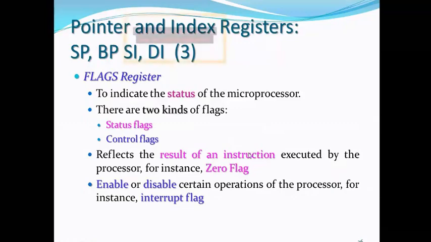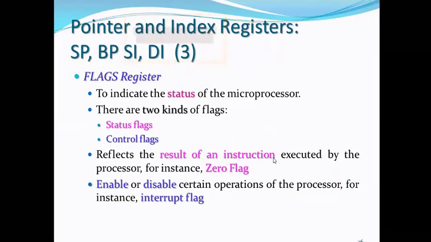Or I can simplify it another way: all the status flags are related with the result of an instruction. That means whatever status is going to be transferred to the microprocessor, the status comes from the result of an instruction.